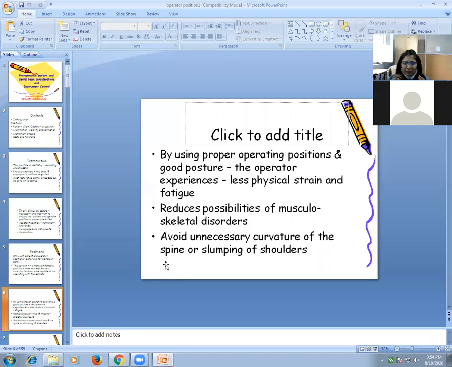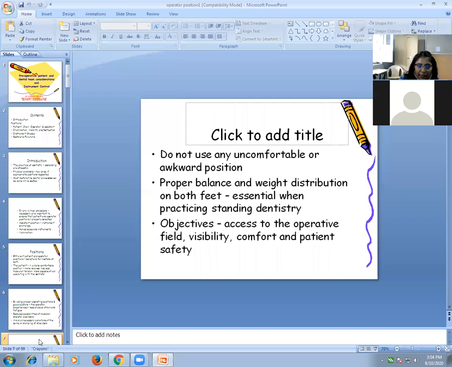We start experiencing pain in our neck or shoulder or wrists or hands or lower back. We do not take proper support, and we have to work for a longer time in a proper position. So if we do not use a proper position, we might experience all these ill effects of dentistry.